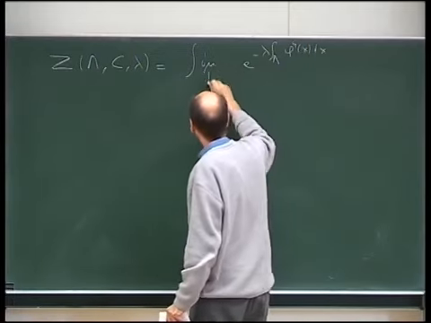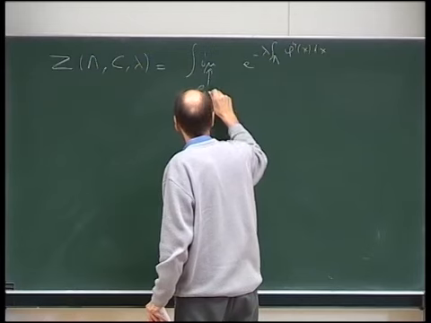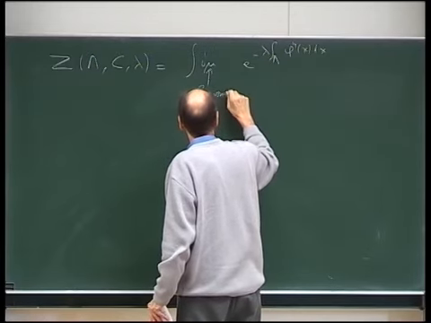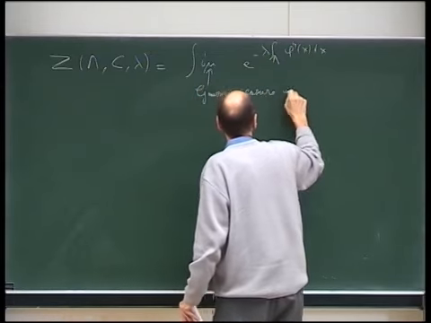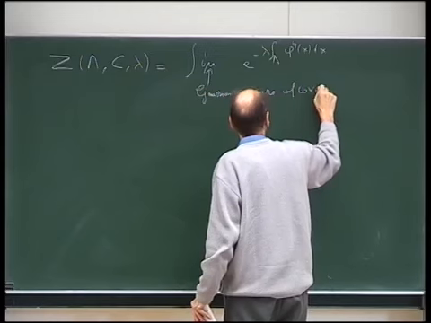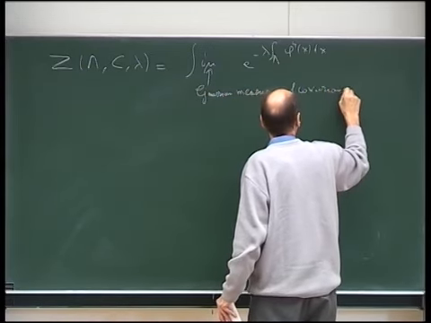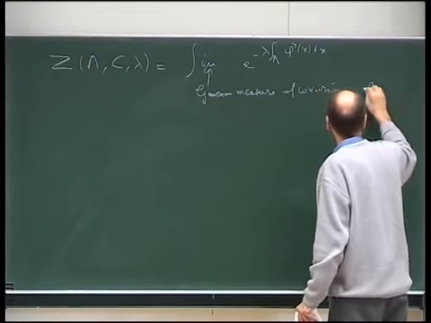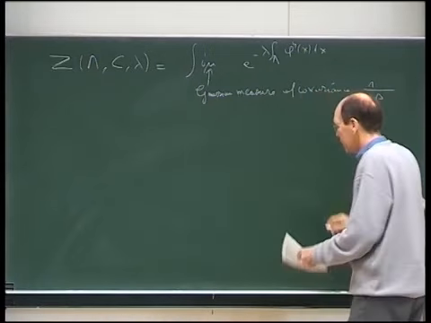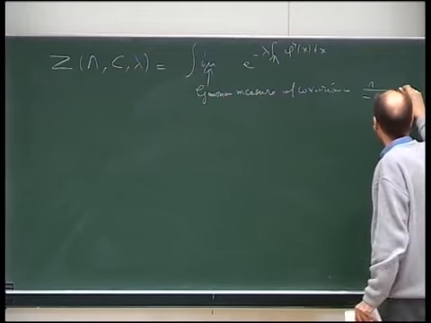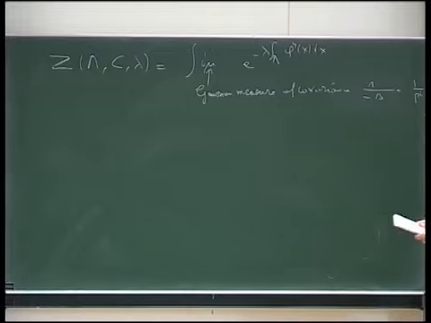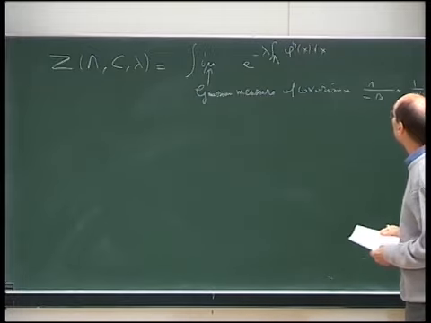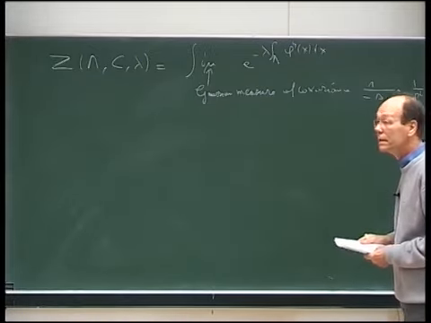And d mu is the Gaussian measure of covariance C, essentially 1 over minus Laplacian, which I write as 1 over p squared in Fourier transform. That's C.